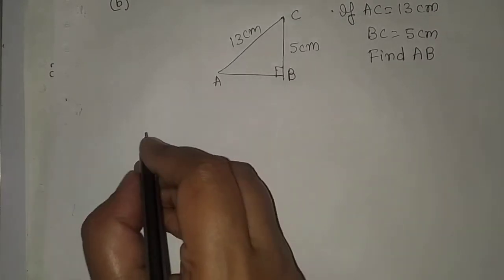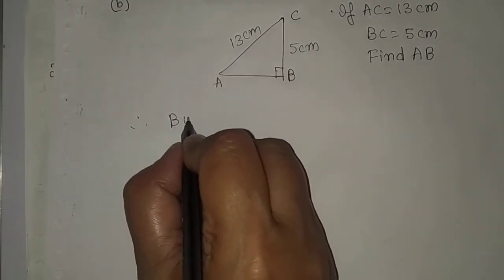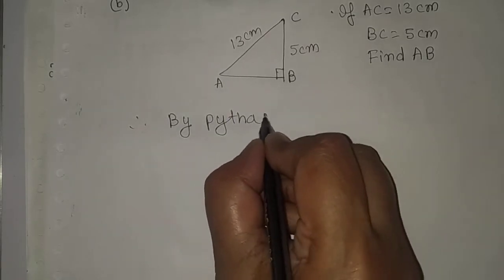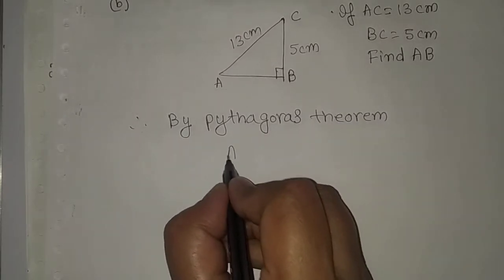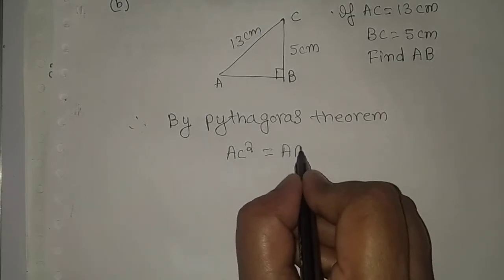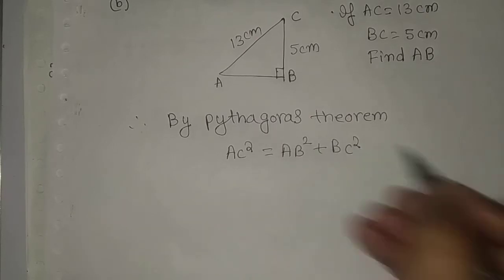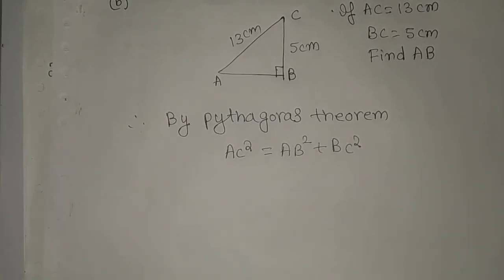Now, same as before, we apply Pythagoras theorem. By Pythagoras theorem, we have AC square equals AB square plus BC square.